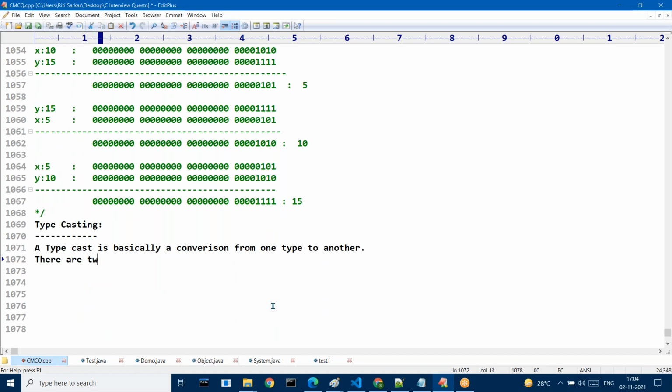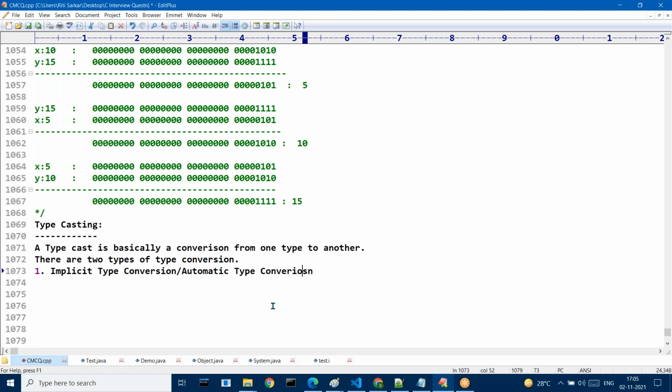There are two types of type conversion. Number one is known as implicit type conversion. Implicit type conversion means automatic type conversion, which happens automatically. I will show you with a programmatic explanation.